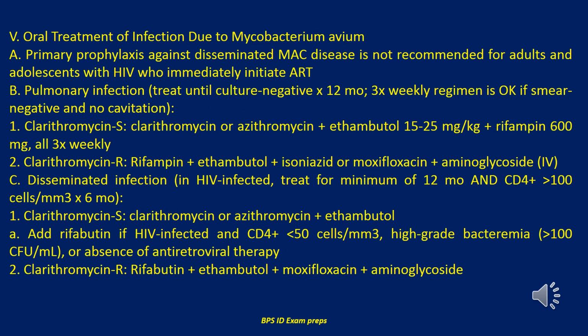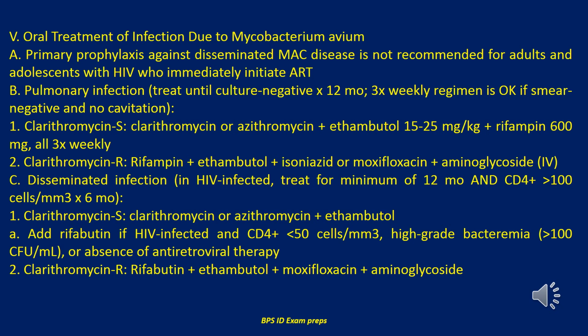Let's now discuss oral treatment of infection due to Mycobacterium avium. Primary prophylaxis against disseminated MAC disease is not recommended for adults and adolescents with HIV who immediately initiate ART. Pulmonary infection: treat until culture negative for 12 months. A thrice weekly regimen is okay if smear negative and no cavitation. 1.